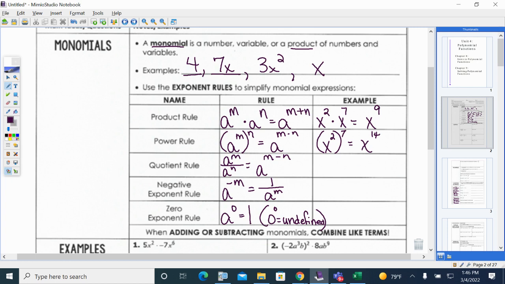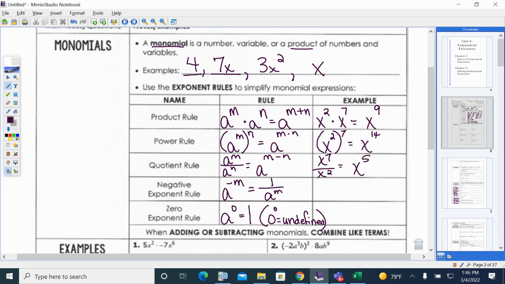For your quotient rule, we're dividing, and when we divide, exponents are going to subtract. A to the m divided by a to the n is a to the m minus n. So if I have x to the 7th divided by x squared, 7 minus 2 is 5. So I would end up with x to the 5th power there.